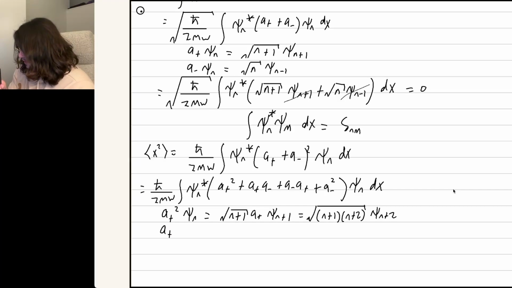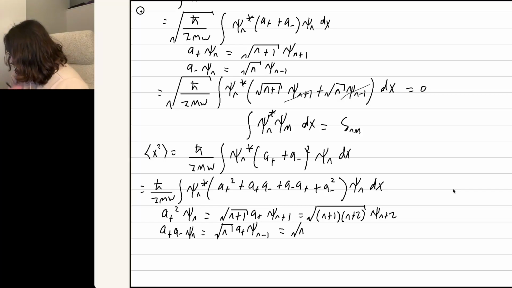A plus a minus on psi n is going to be the square root of n times a plus on psi n minus 1, which is going to be the square root of n times n again, so n squared, times psi n, so it's n psi n.